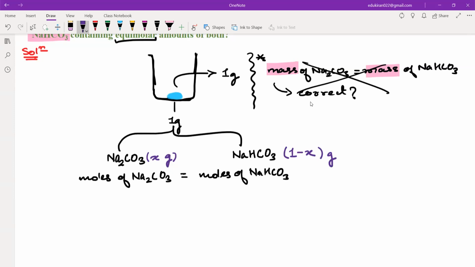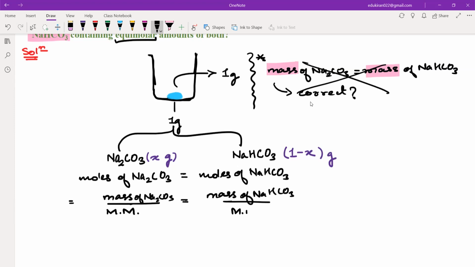The number of moles of Na2CO3 will be equal to the mass of Na2CO3 divided by the molar mass of Na2CO3. This will also be equal to the mass of NaHCO3 divided by its molar mass.